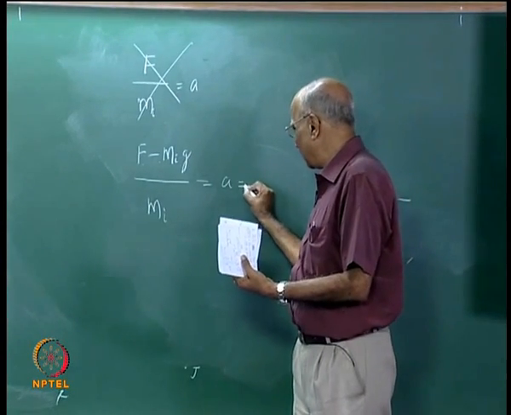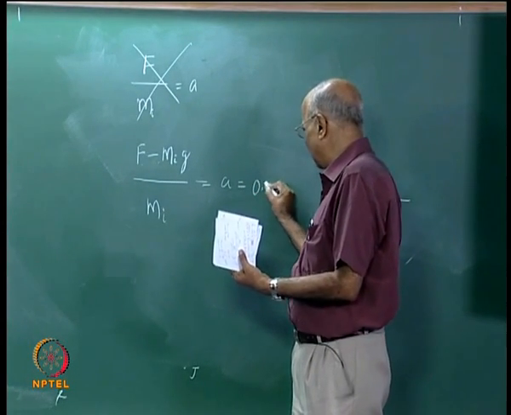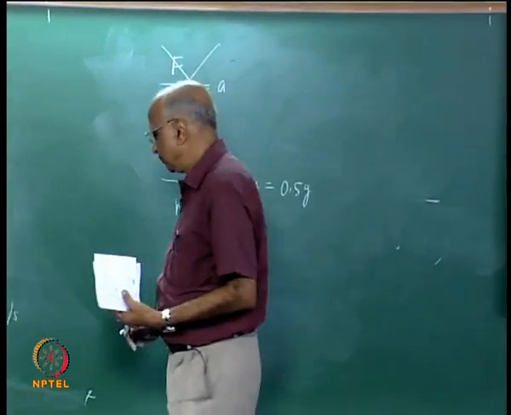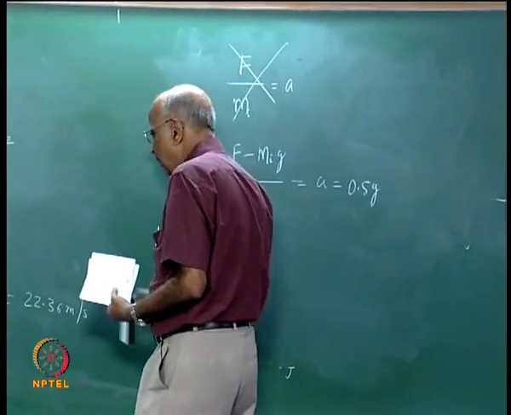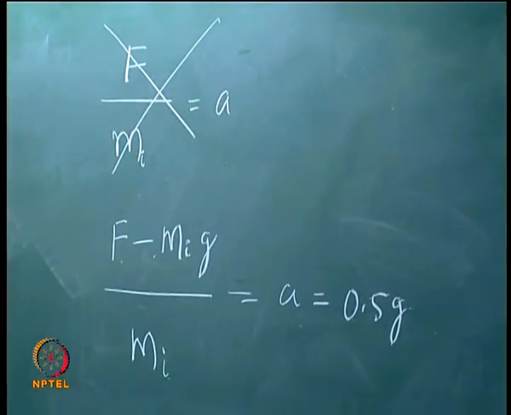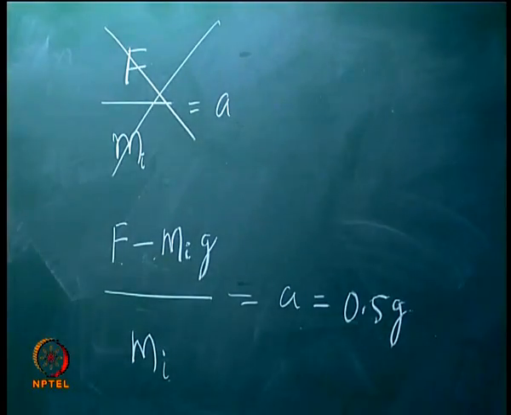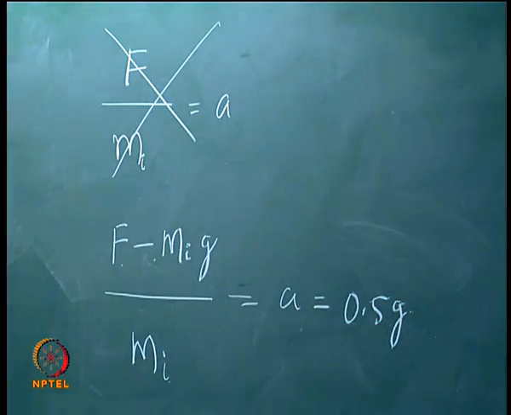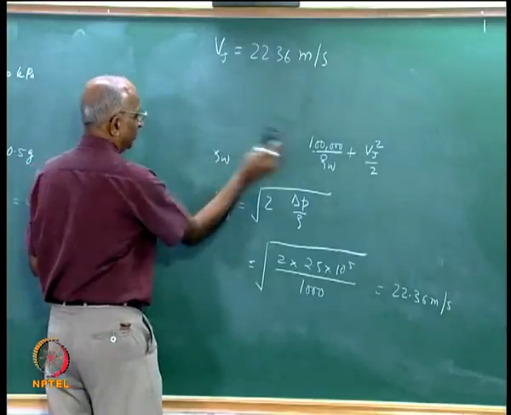This A is given to me as 0.5 g. Let me erase this portion by just writing the Vj is equal to 22.36 meter per second, yes.